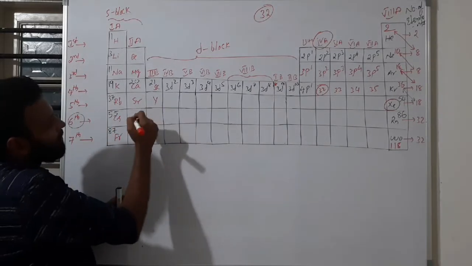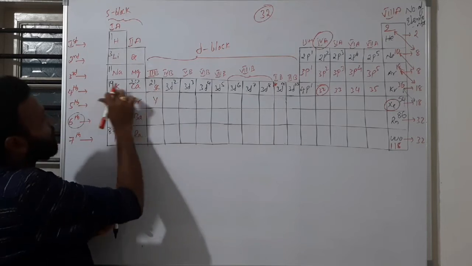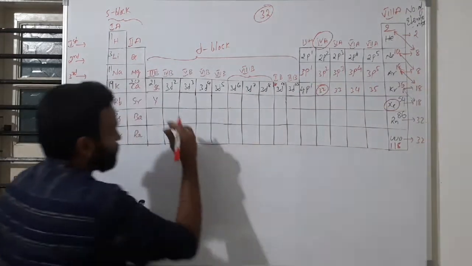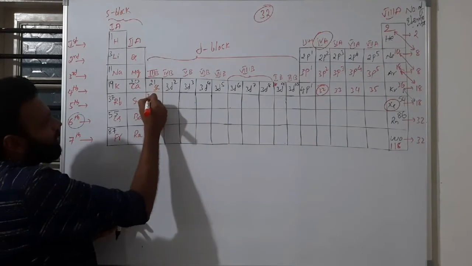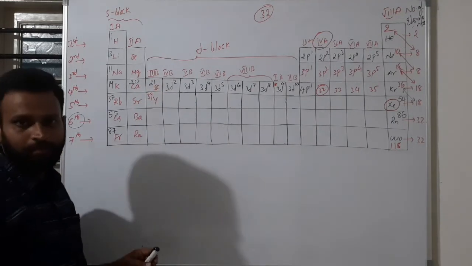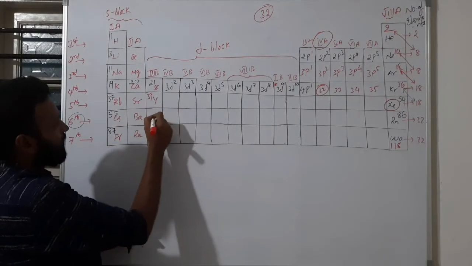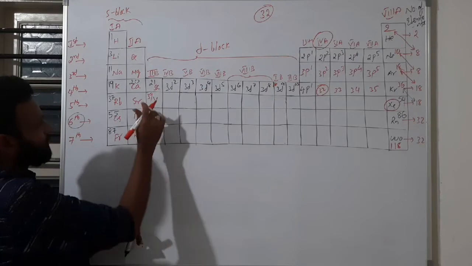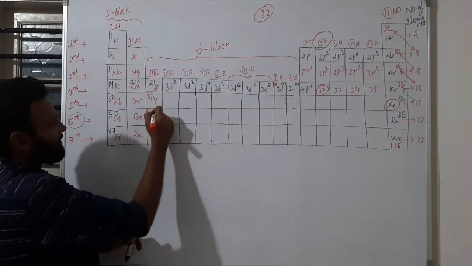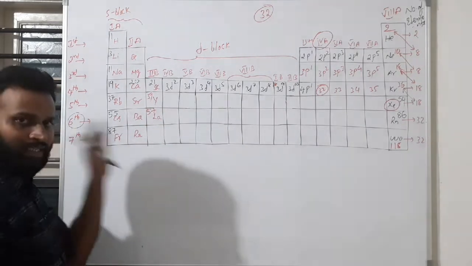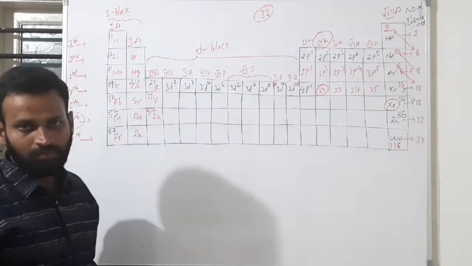So what is the atomic number of this? So here 21. And in this 4th period total elements are how many? 18. So above this we have to see. Okay, so 18 plus 21. Sir, atomic number 39, sir, right here. Okay, here also, sir, 5th period 18. So here I have lanthanum. Lanthanum atomic number how much, sir? 39 plus 18, sir. So 57, sir, atomic number. In this way we have to see how many elements the above period has.